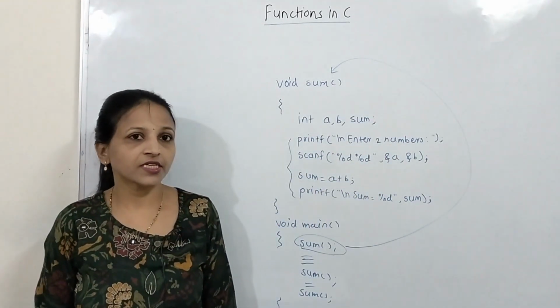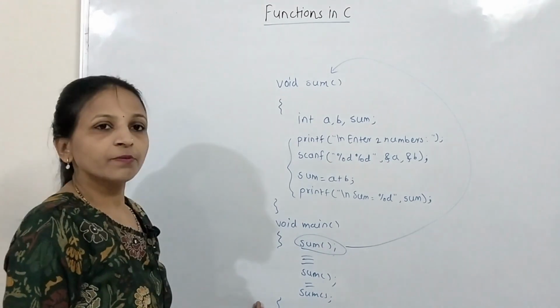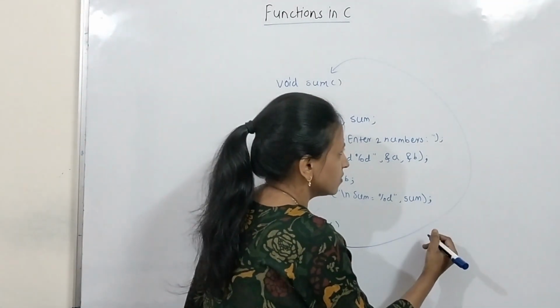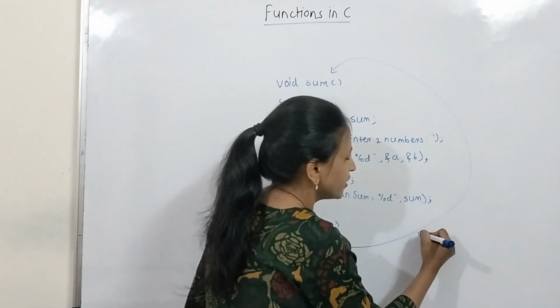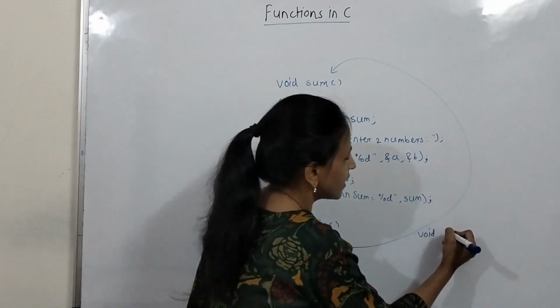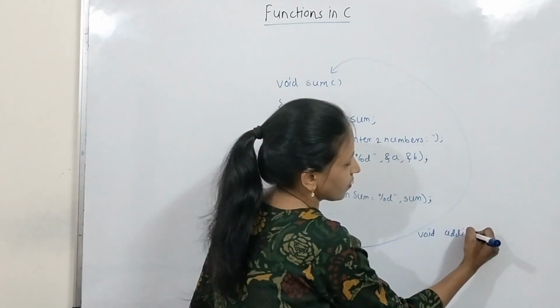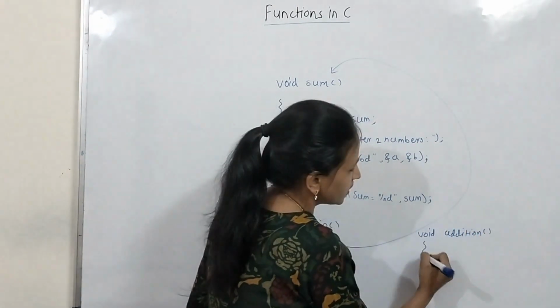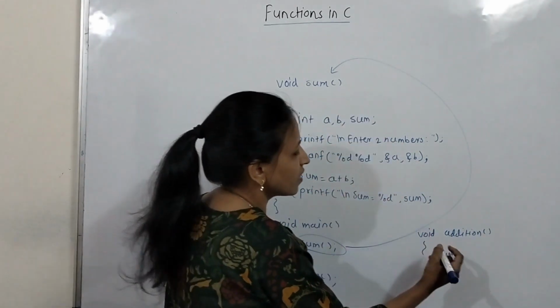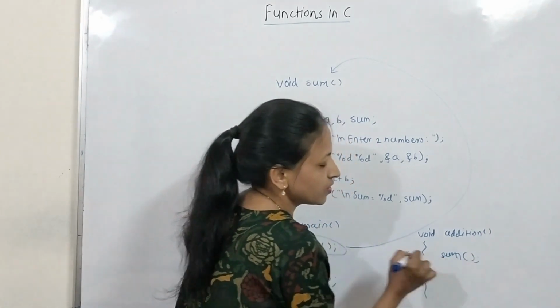Again, one more point is there. Suppose here we have written the main function, and suppose there is any other function, like void addition, which is the name I have given. In this function, again I want to do the same task, so I will call this function here also.